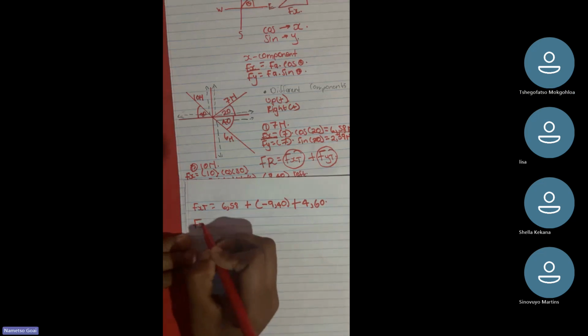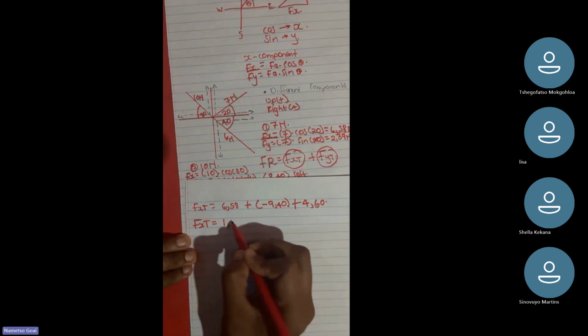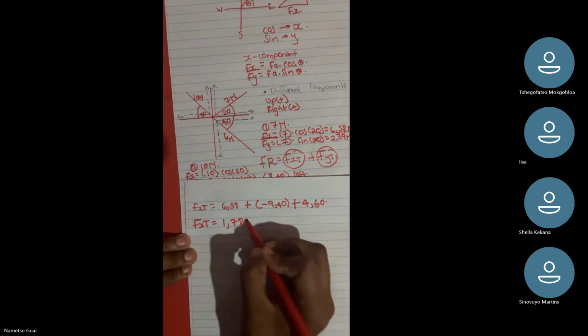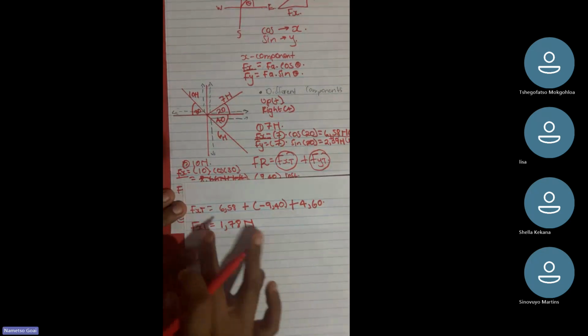So we're going to have Fx total as 1,78 Newton, right?